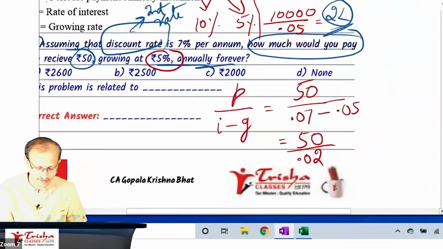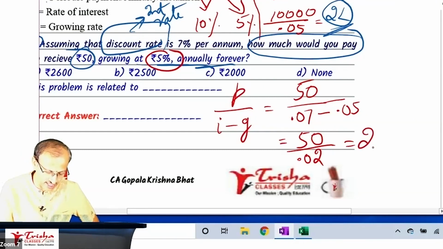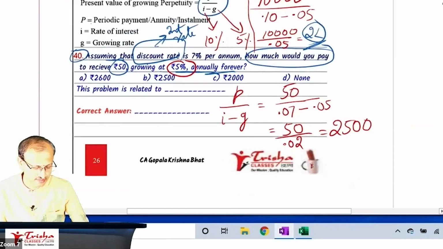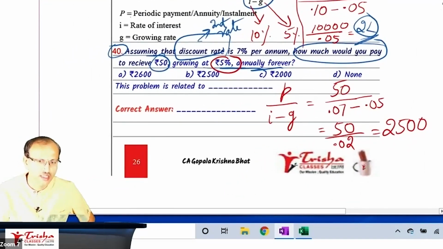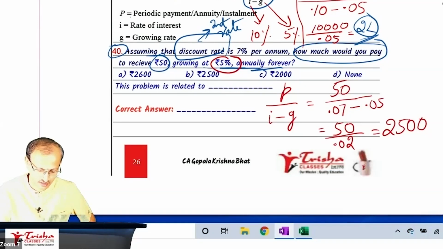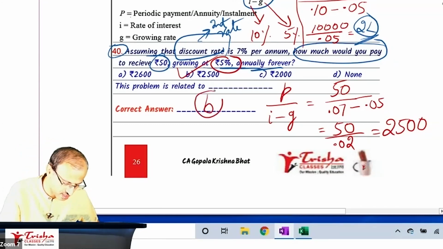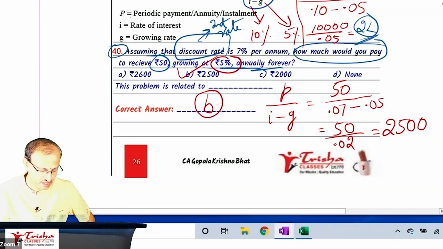First, your answer. 2500. Super. So your right answer choice is B. Correct answer choice is B. So this problem is related to which one?